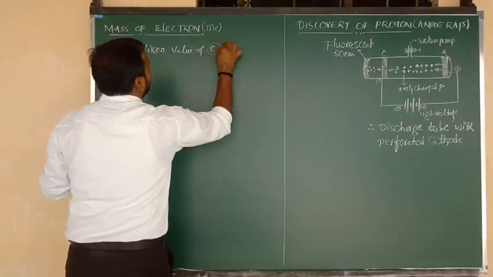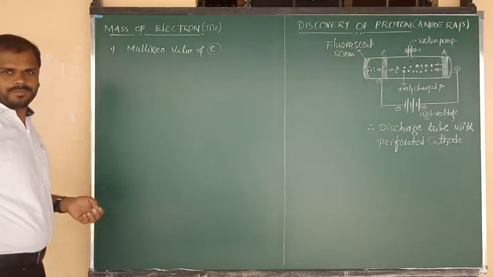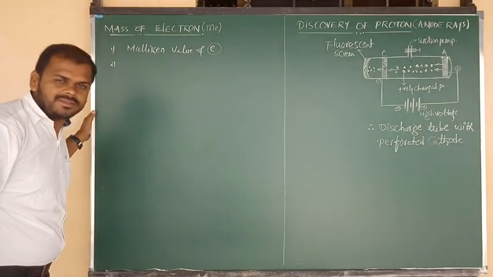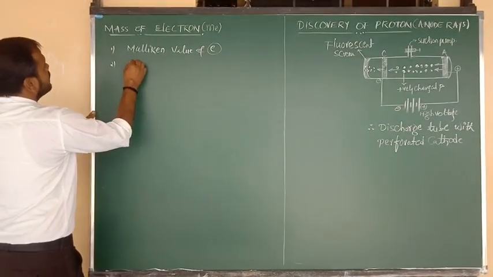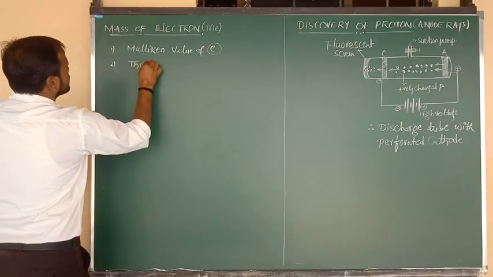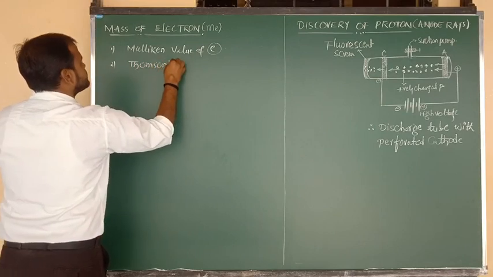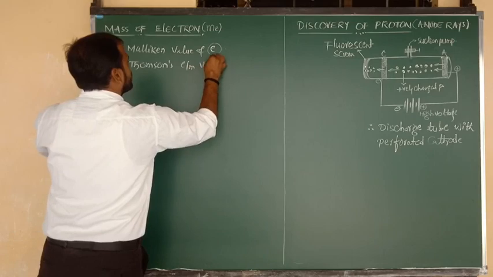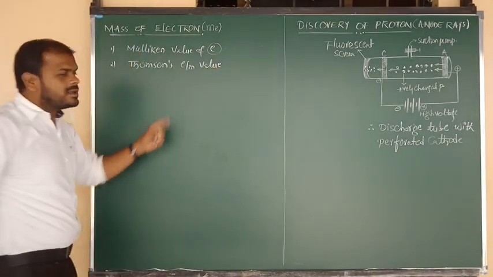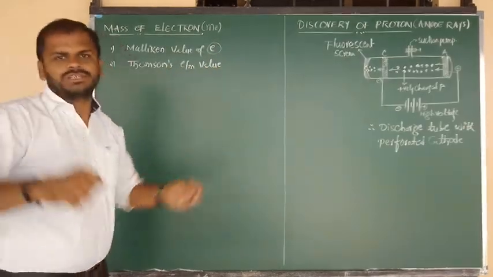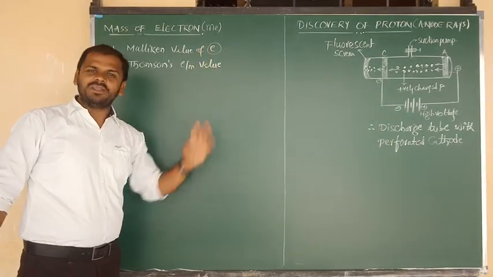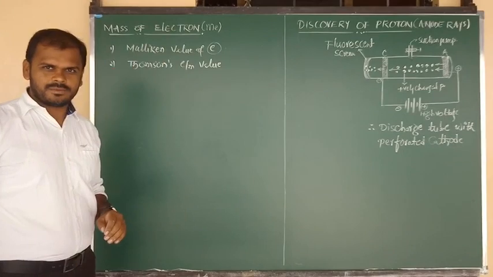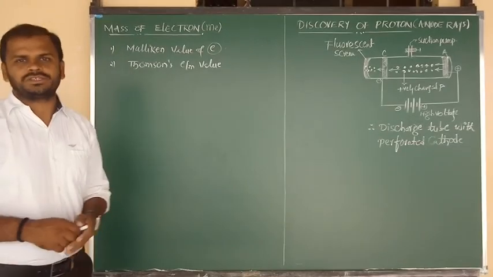That is nothing but the e value. And next, the second thing is Thomson's e by m value, Thomson's charge to mass ratio of the electron. So by using these two values, now we can calculate the mass of the electron, I mean the rest mass of the electron.